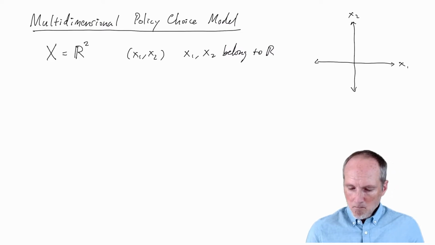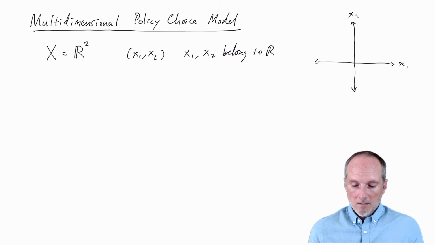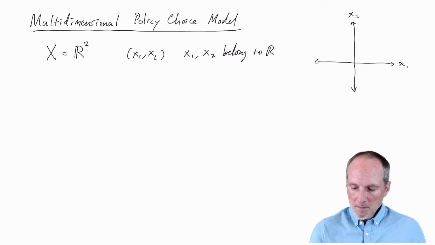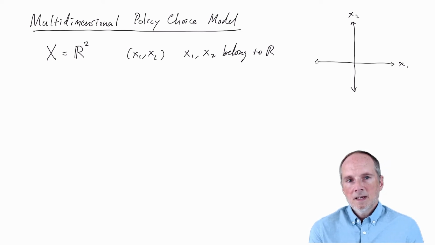Now that we're thinking about a two-dimensional policy space, we need to talk about preferences over that, right? We're thinking about, let's say, a politician who has to choose policy. Let's just extend the simplest idea of Euclidean preferences to this model.